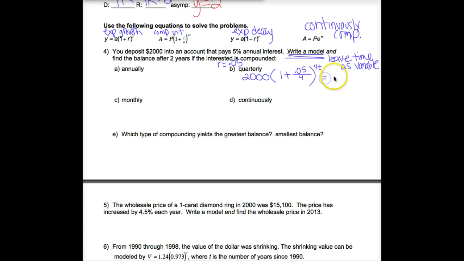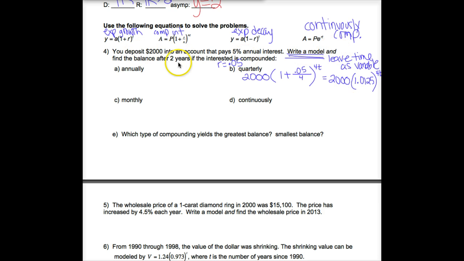And then I just need to simplify to get my final answer on the model. So simplify this in here. 0.05 divided by 4 is 0.0125 plus 1 is 1.0125. And then that's to the 4t. This would be your answer for the model right here.